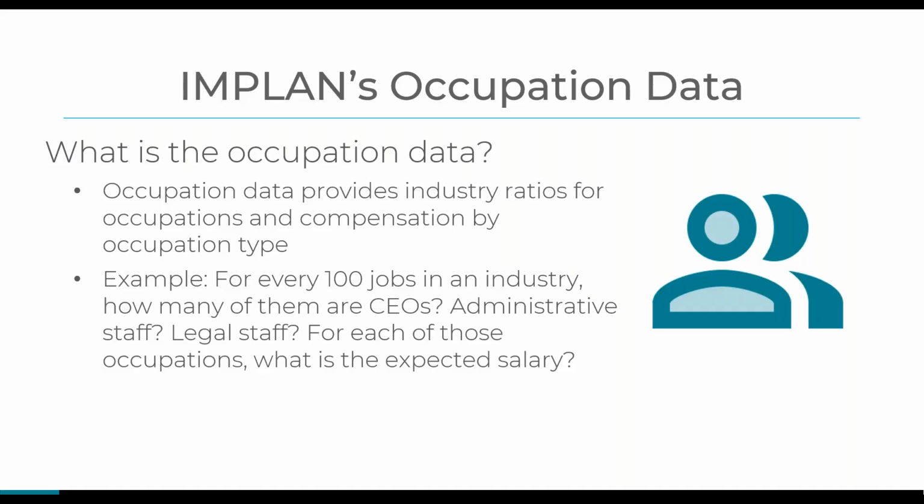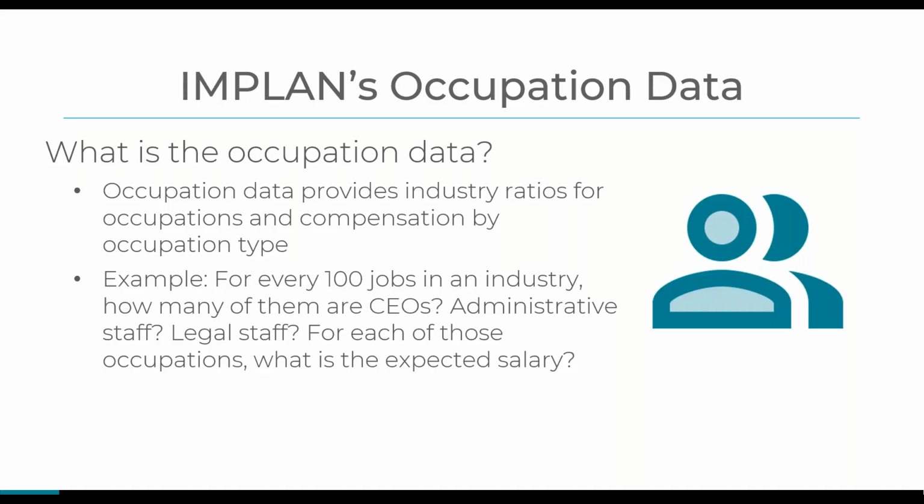The occupation data ratios essentially expand what those two elements mean by providing a breakout for occupations within employment figures and pay rates within employee compensation figures. What we mean by that is that you can improve your understanding of either your study area data or your impact results by extending an employment count or an employee compensation figure into greater detail.